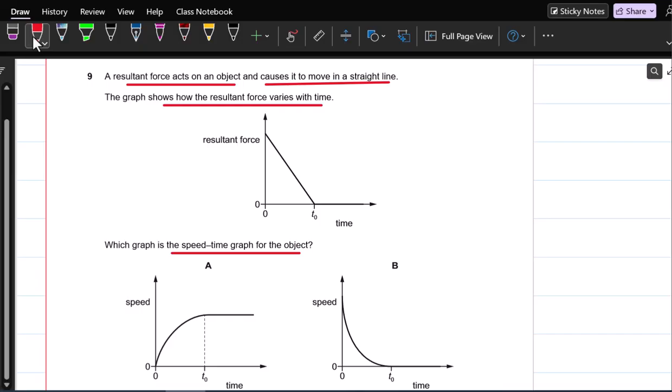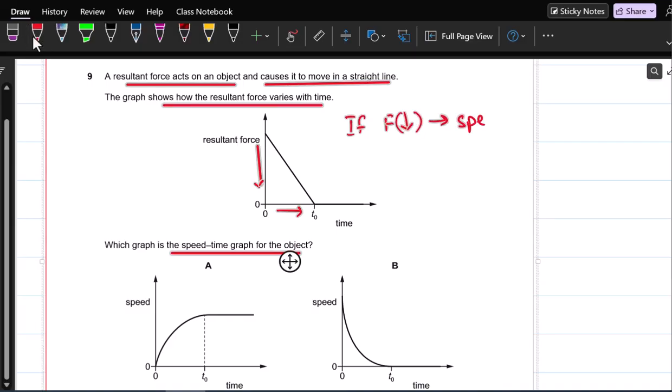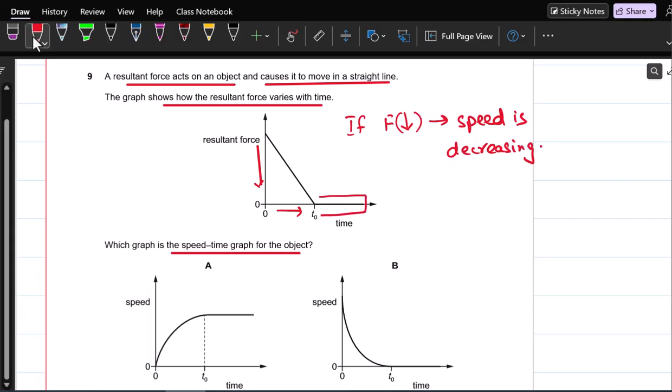Okay, dear students, remember if you see the resultant force is decreasing with time, it means speed is decreasing. Speed is decreasing.